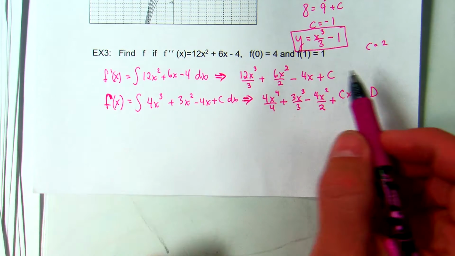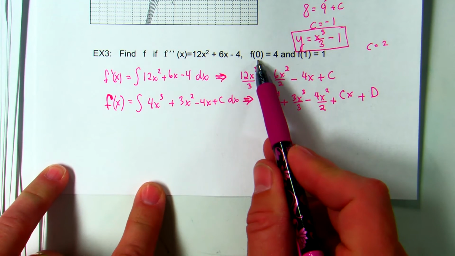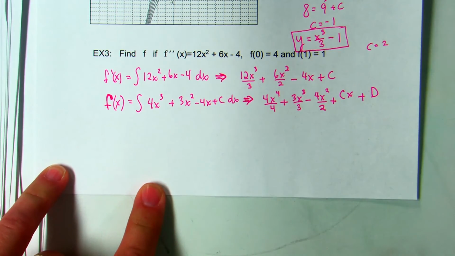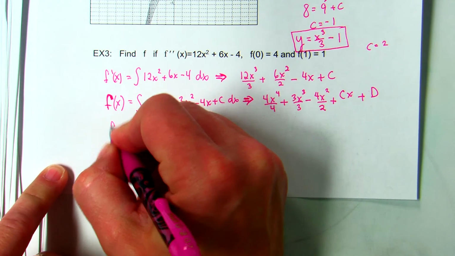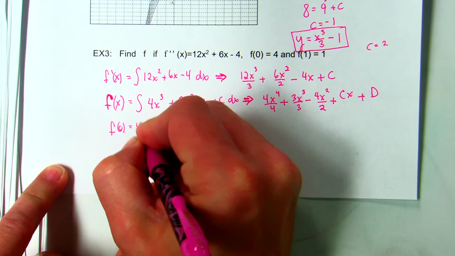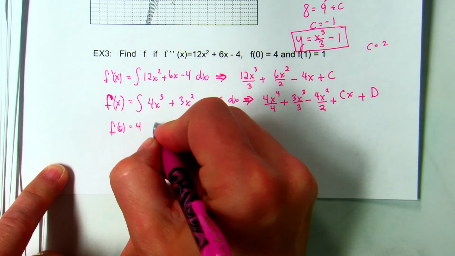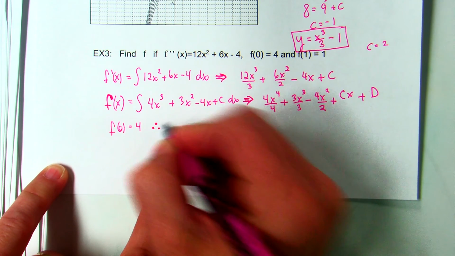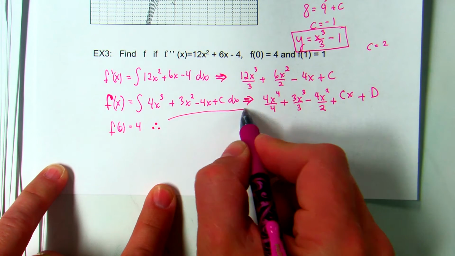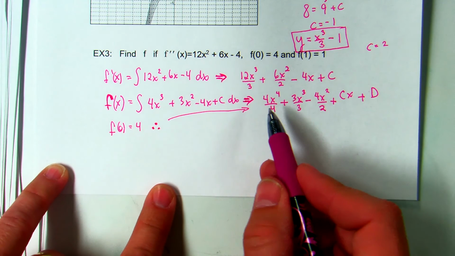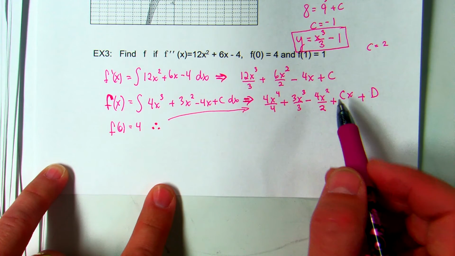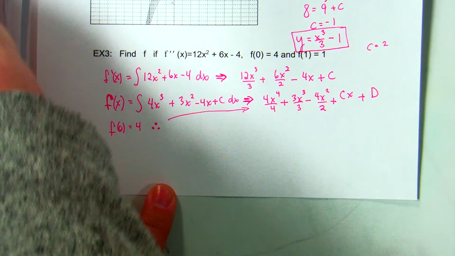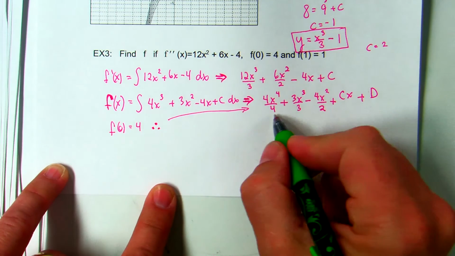We know that f of 0 is 4. So think about this, we know that f of 0 is 4. Therefore, if we look at this last equation that we got, which is f of x, if x was 0, that would mean that all of these terms would have gone away, right?